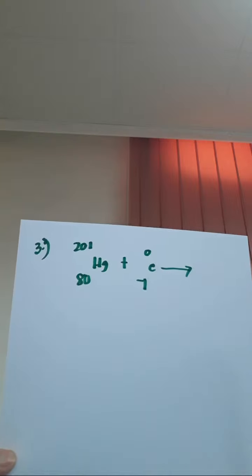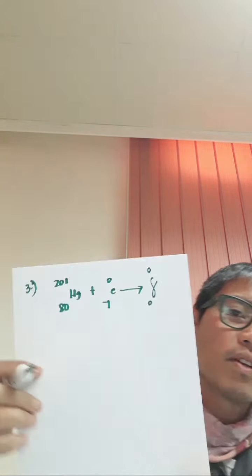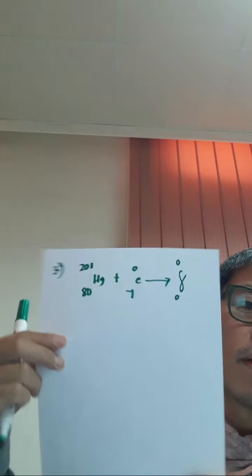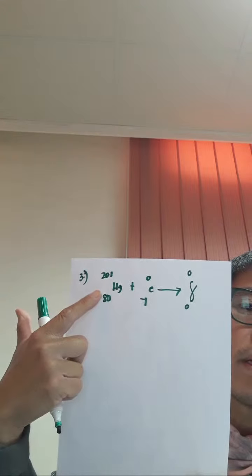Now in principle, if there is an electron capture, in this situation it will produce gamma ray, gamma radiation. This is a concept. Gamma like this, 0, 0. This is a gamma ray or an X-ray, if we have an electron capture added to this mercury.